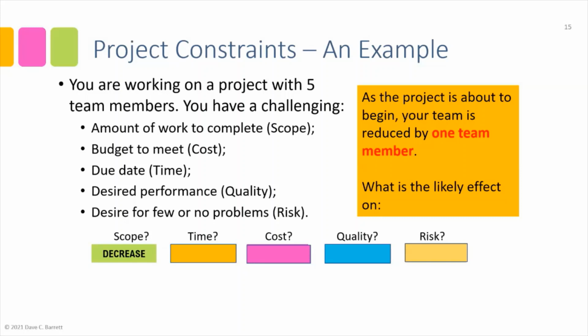What's going to be the likely effect on the time? Can we do it in less time or more time? Will the time decrease or increase? And the answer to that is increase. It's going to take us, all things being equal, more time because we only have 4 people, right? So the effect of the reduction of resources is an increase to our schedule.